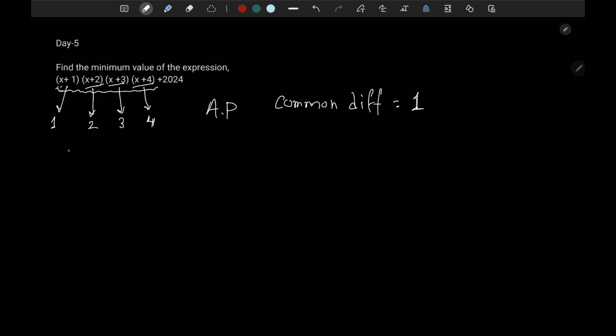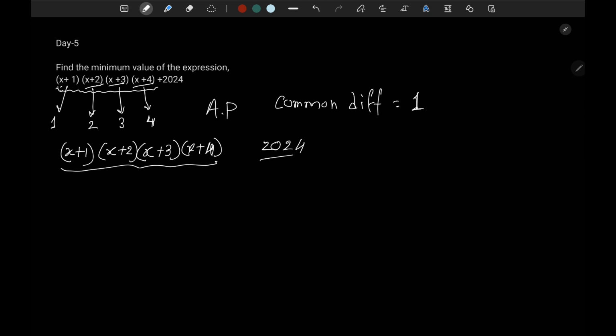So you can see that we have x plus 1, then x plus 2, x plus 3, and x plus 4, and I have already told that the terms are in AP, right? Let's work with just this expression first. We will worry about 2024 later. So as you can see, if you add this one and this one up, this is your x plus 4, you get this constant term.